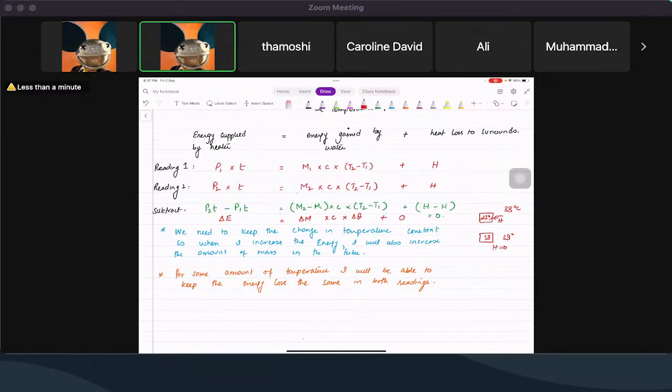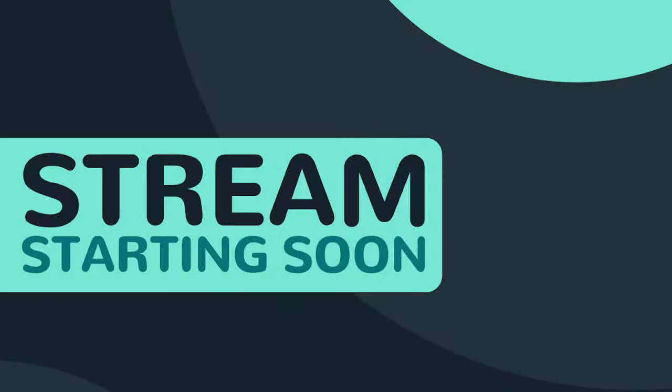Do you understand? So we need to make sure that the difference in temperature is the same so that the heat loss is the same in both the readings. If the difference in temperature is not the same, then heat loss will be different in each reading, and that would cause an error, right? I hope you guys understand this.